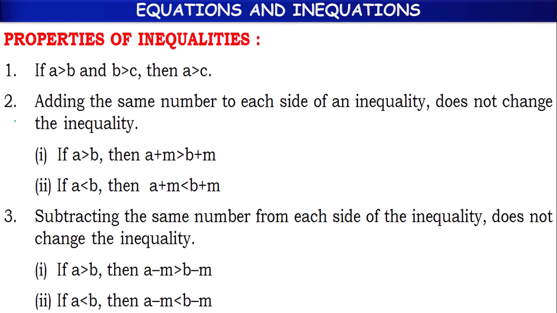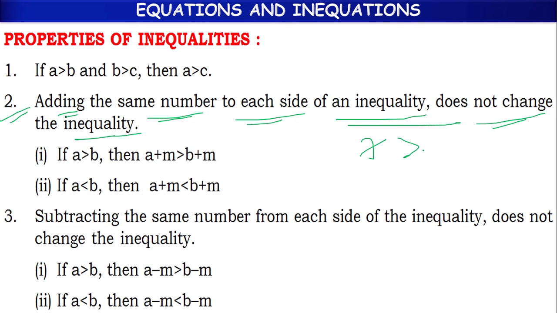Next, the second property. Adding the same number to each side of an inequality does not change the inequality. Suppose 7 is greater than 5. If we add the same number on both sides, 7 plus 2 greater than 5 plus 2, that is 9 greater than 7, which is true.